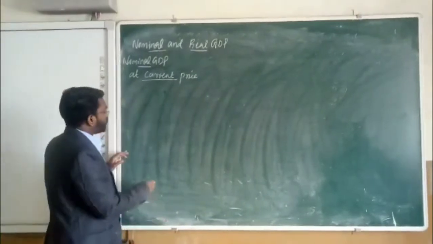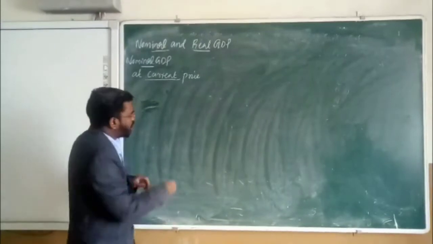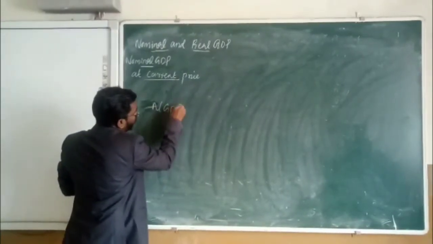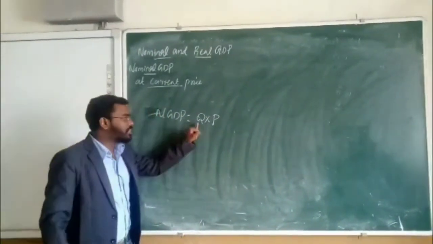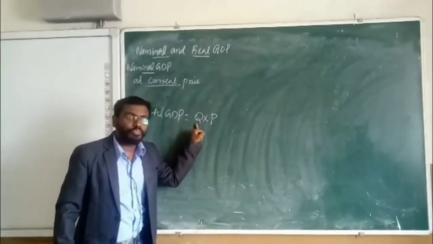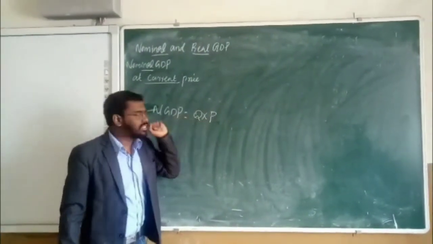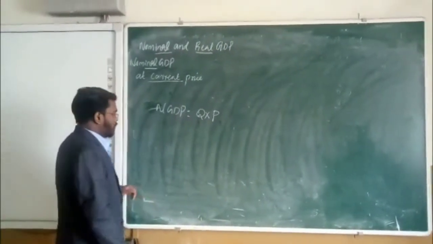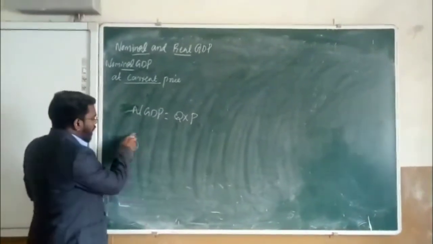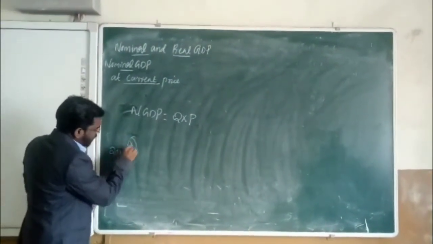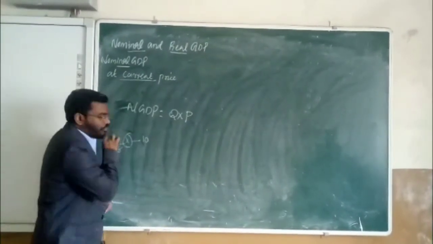For example, normally this formula is used for nominal GDP: nominal GDP is equal to Q into P. What is Q? Q means quantity of output and P is price of the commodity. Suppose in an economy only one commodity, commodity X, is produced, and in 2018 they produced 10 units of that commodity.